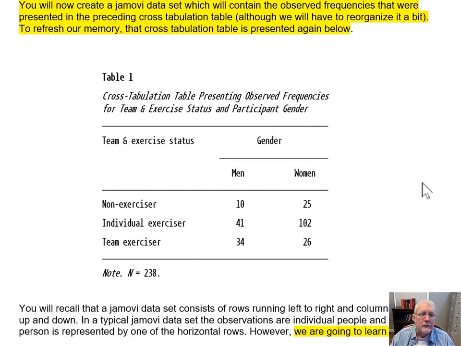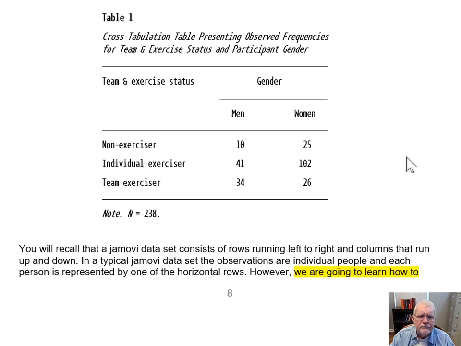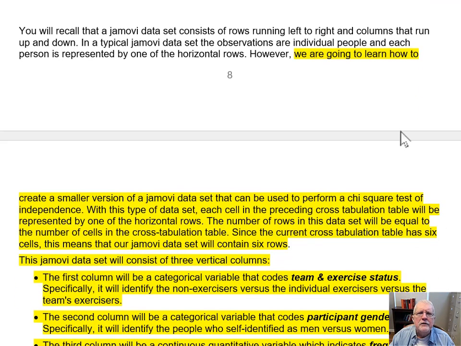This is exactly the same cross-tabulation table that we saw earlier with the observed frequencies in each cell. At the bottom of page 8, we are going to learn how to create a similar version of the Jamovi dataset that can be used to perform a chi-square test of independence. With this type of data set, each cell in the preceding cross-tabulation table will be represented by one of the horizontal rows in the Jamovi table.